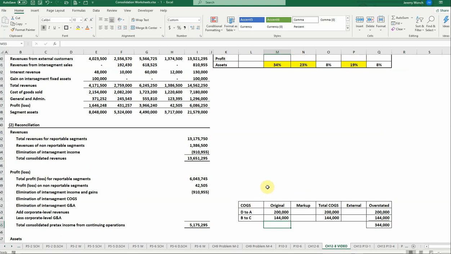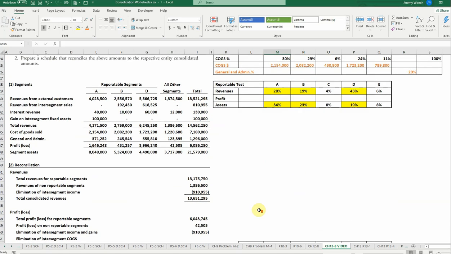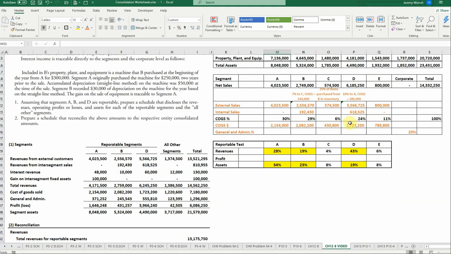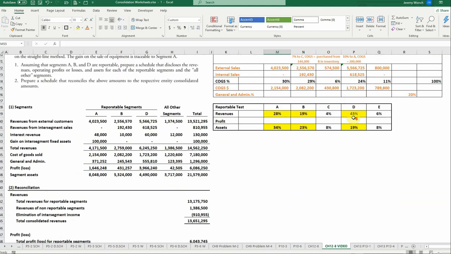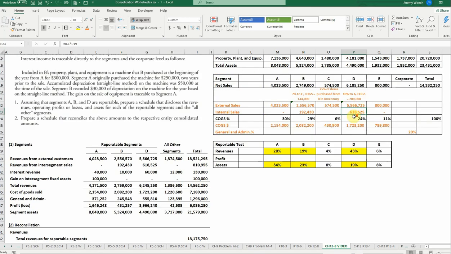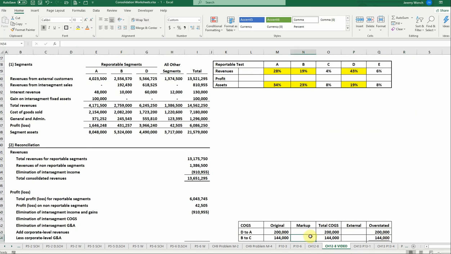But then when A sold their portion and C sold their portion, they marked it up and then resold it. So the cost of goods sold that A booked was the same as D's sales. So 618,525.